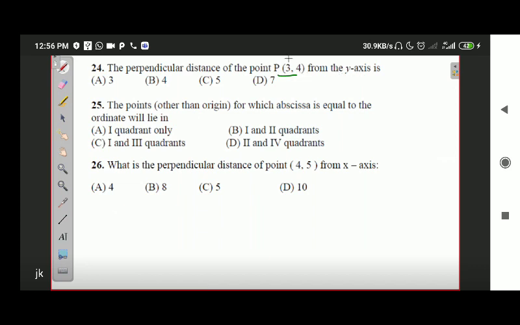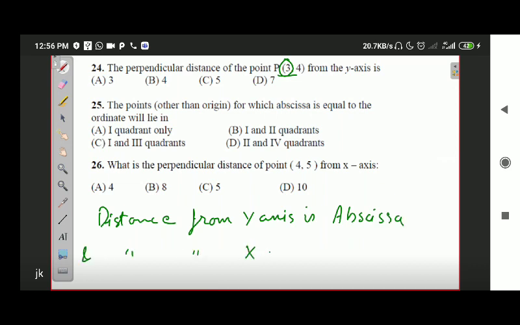Distance from the y-axis is the abscissa, and distance from the x-axis is the ordinate. The abscissa of this point is 3, so the answer is 3. If he had asked about the distance from the x-axis, the answer would have been 4.